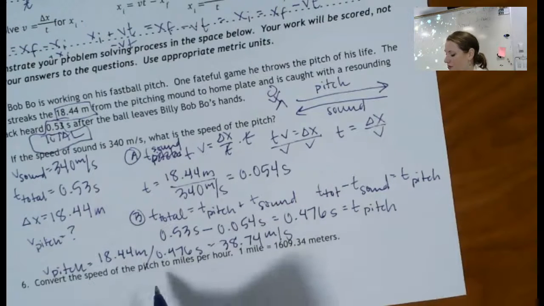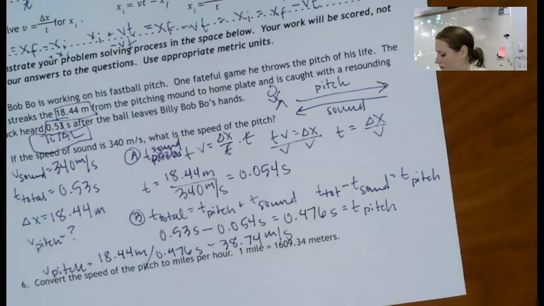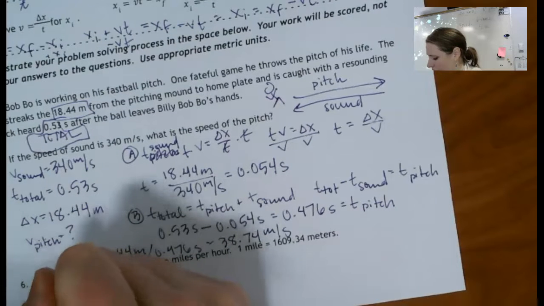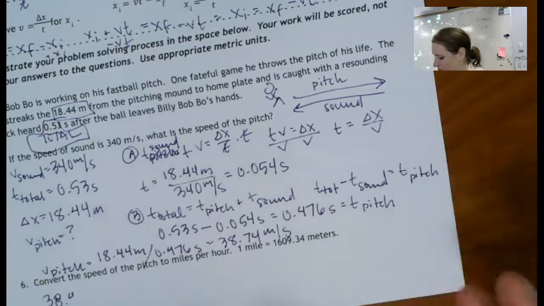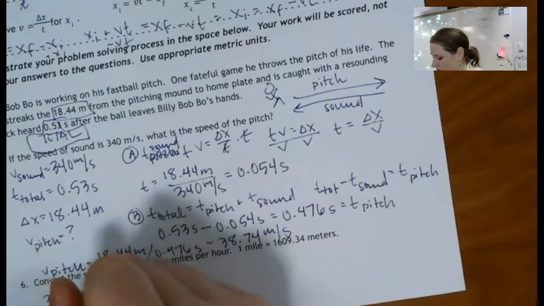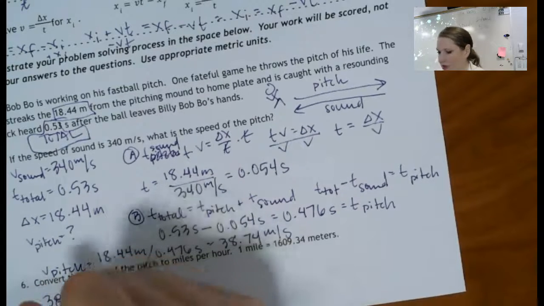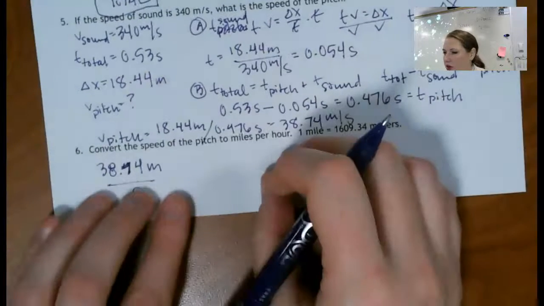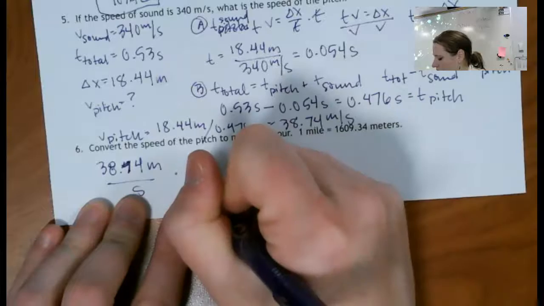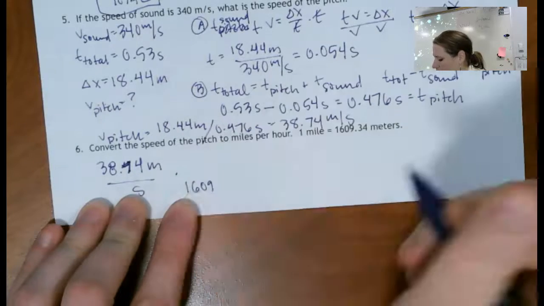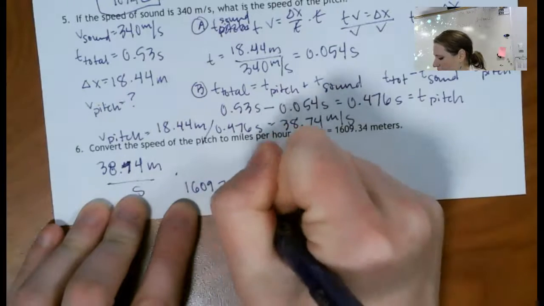Now our last problem here is to convert the speed of the pitch to miles per hour. I love doing this. I find this very relaxing. 38.74 meters per second. So they tell me that 1 mile is equal to 1,609.34 meters.